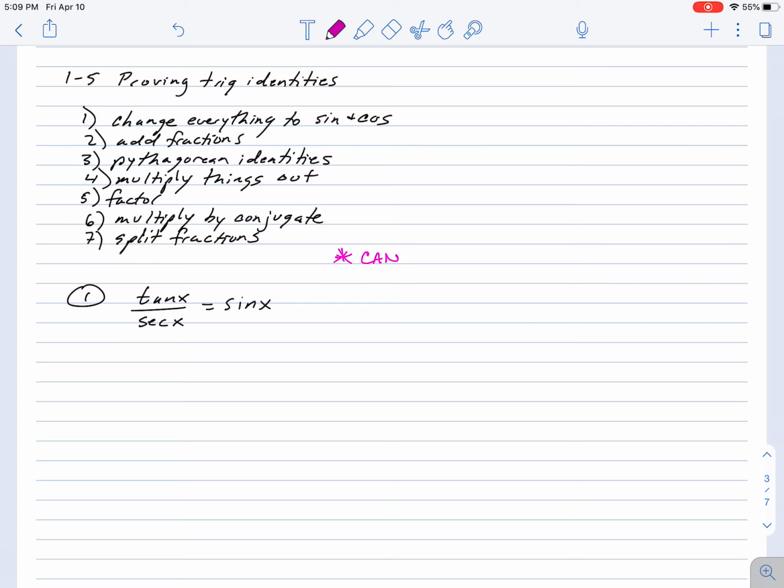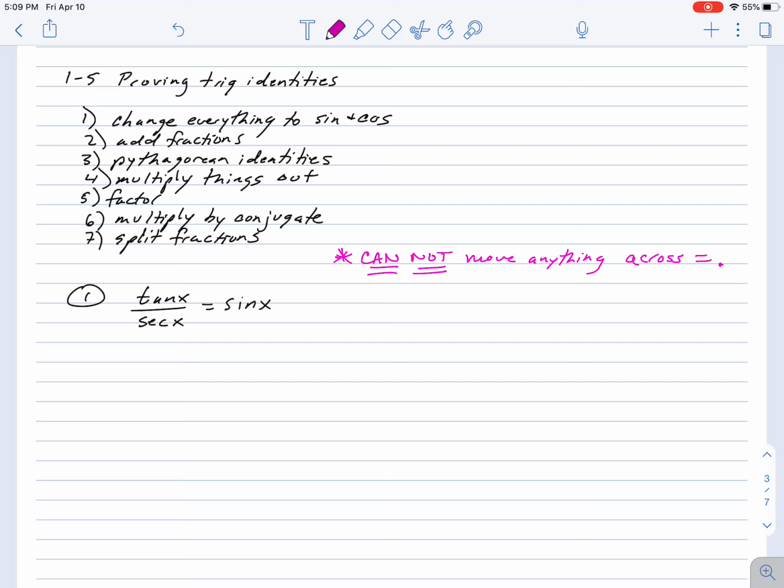You cannot move anything across the equal sign. So, it's not like solving an equation where you could add 3 to both sides or something like that.